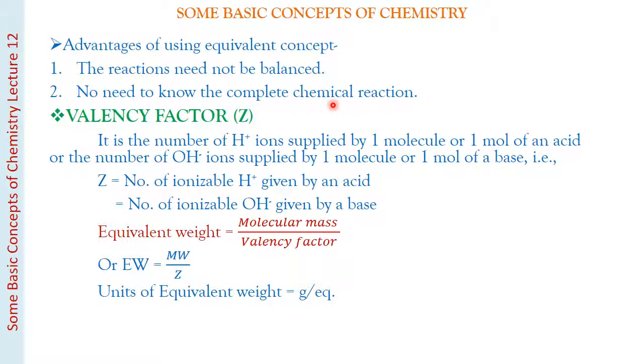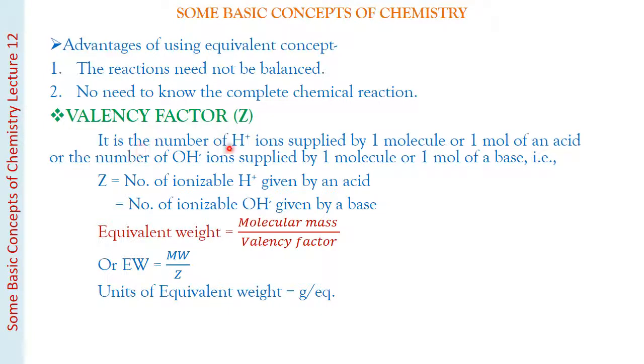Now, to make the equivalent calculations easy, we need to know one term which is called the valency factor. We denote it by the symbol Z. In many books, it is written as n. So it is called Z factor or n factor. It hardly makes a difference what you denote it with. The basic concept is going to remain the same. So what is valency factor?